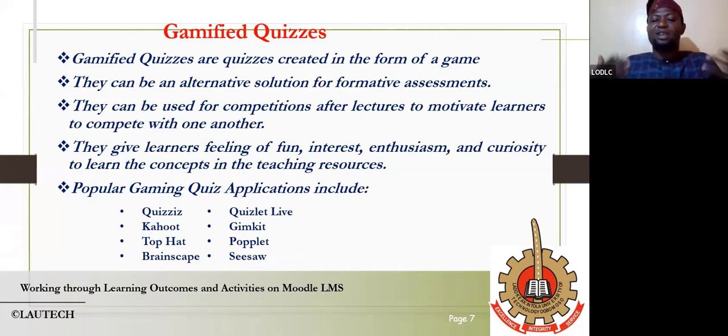Students will learn through the gamified quiz in such a way that they will feel the enthusiasm, the curiosity, that is the fun embedded in that particular learning experience. That is why we have what is referred to as gamified quizzes. Popular gamified quiz applications that we have include Kahoot, Top Art, Brainscape, GameKit, Pocklet, Seesaw, and Quizlet Live. Those are various examples of gamified quiz applications.